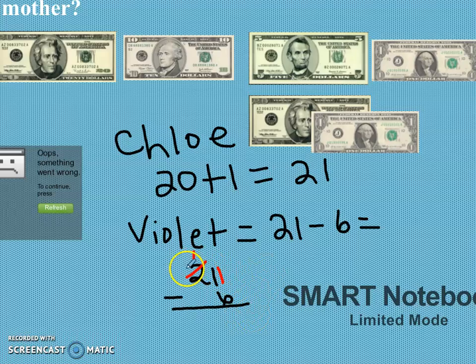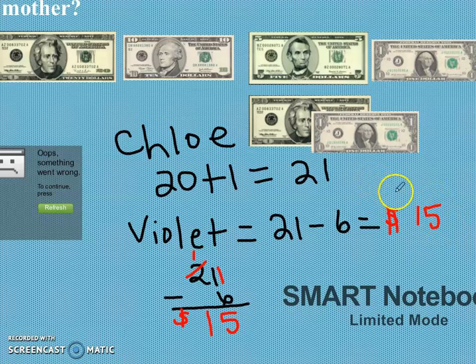Because I'm borrowing a 10 from the 10's place and I'm putting it in the 1's place. So now I have 11. 11 minus 6 equals, that's right, 5. And I bring down my 1 and I have 15. So how much money does Violet have? Violet has $15.